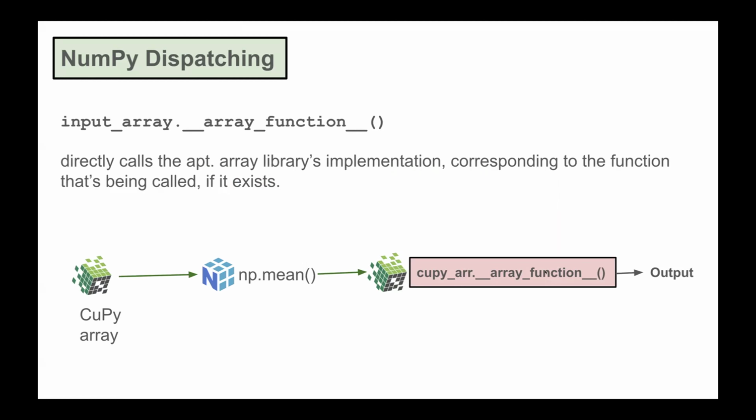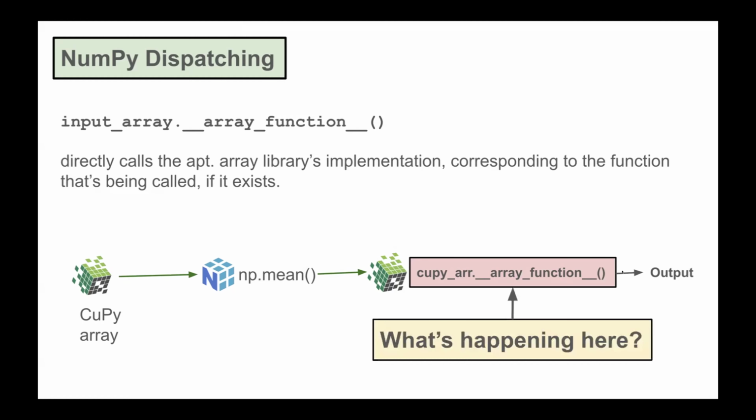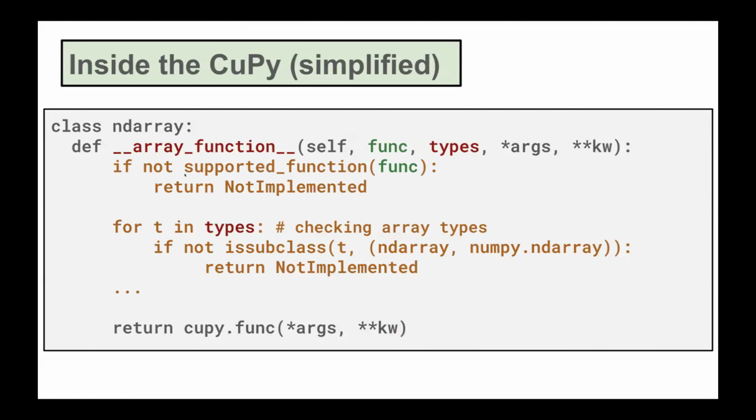And if CuPy implements this function, then it will just give the output by running the CuPy implementation. So here are a few checks on whether this function is supported, then some type checks, and at the end it just returns the CuPy implementation.